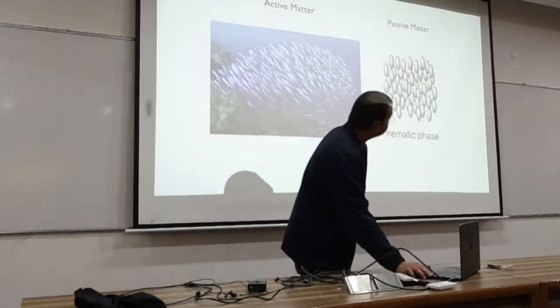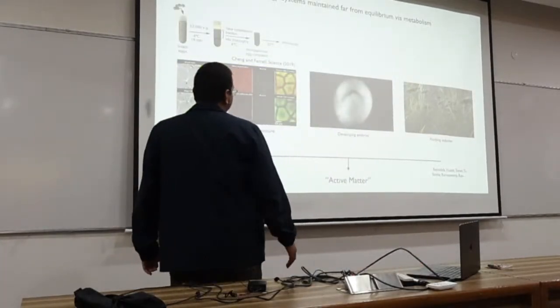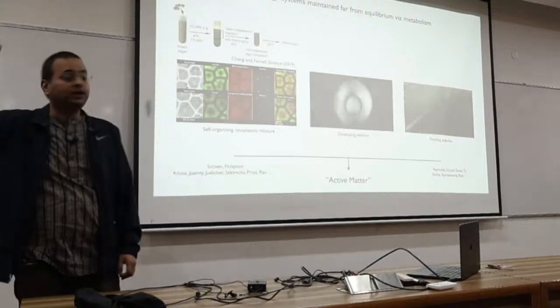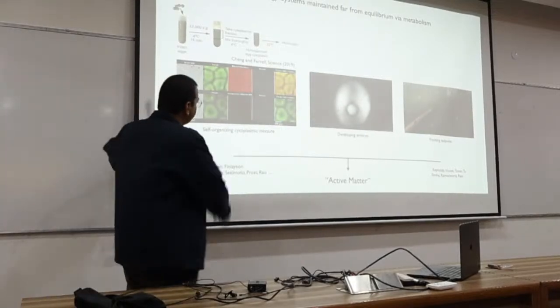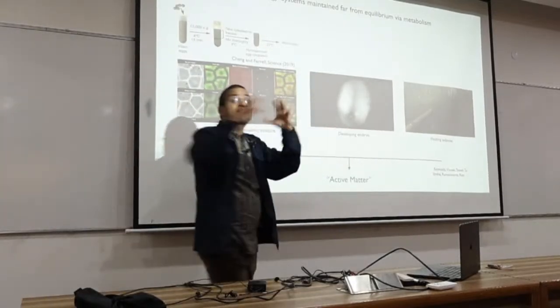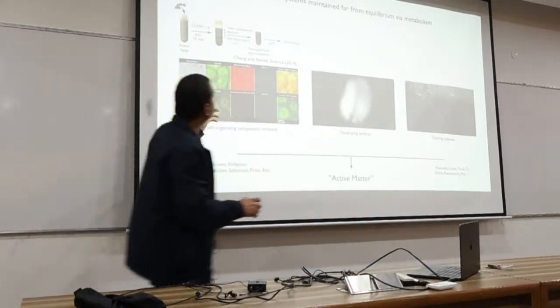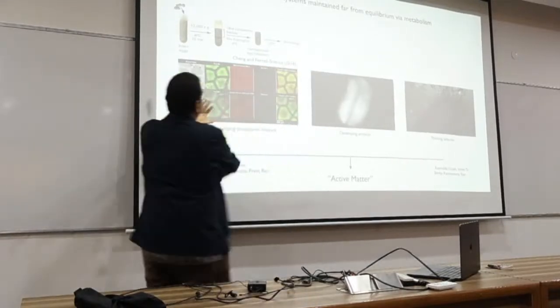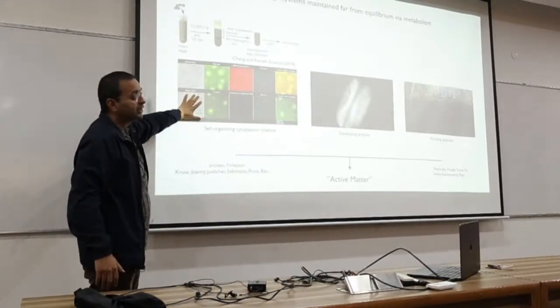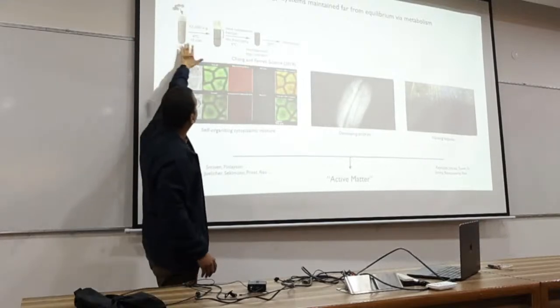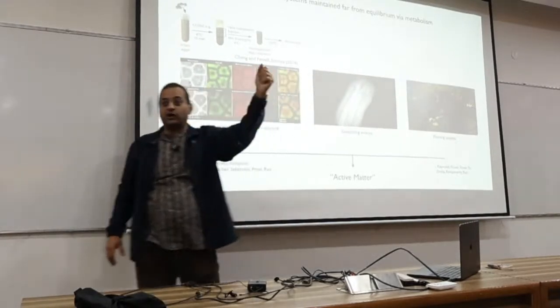Okay? And in fact, this sort of thinking of active matter can spread across scales. So what you're seeing in this slide, on one hand, is an experiment from the cytoplasmic extract of frog embryos.